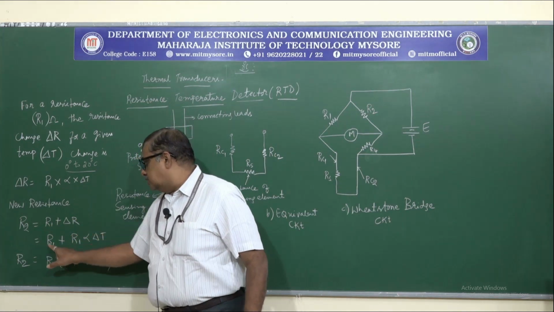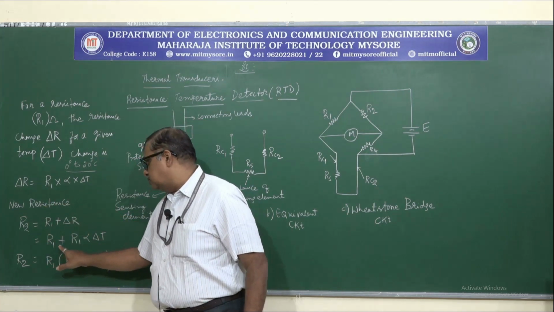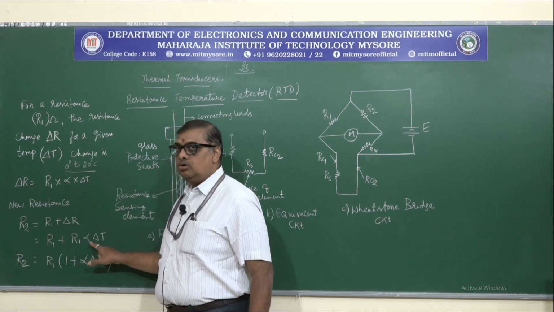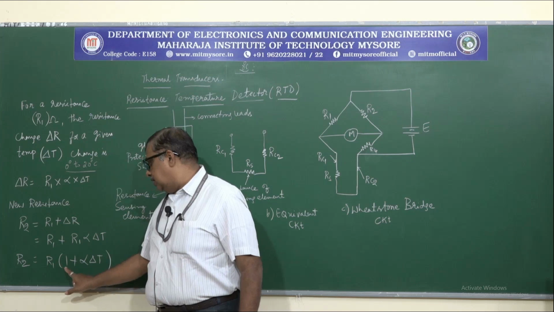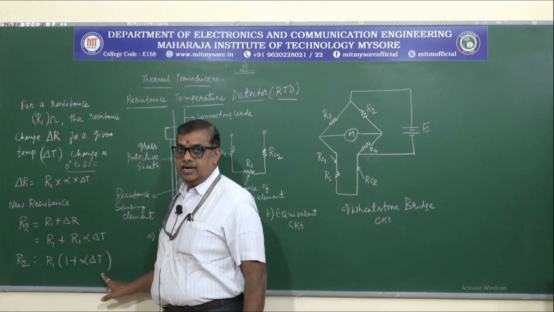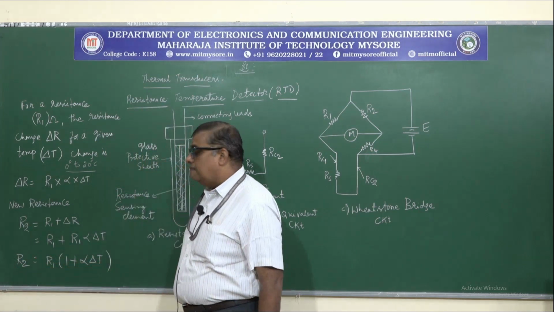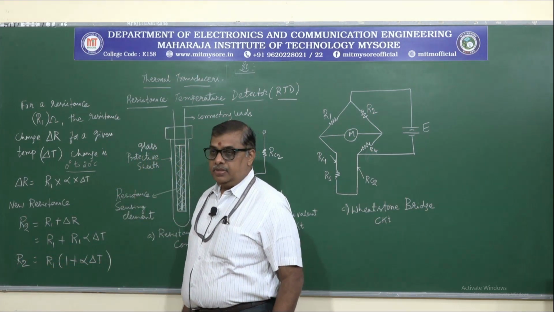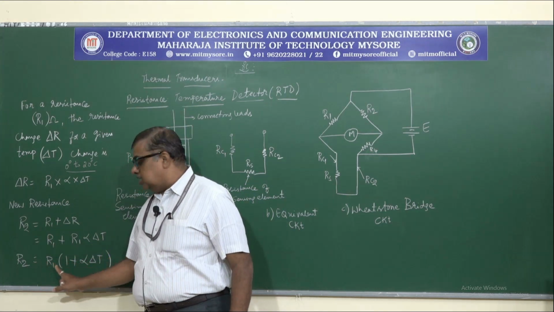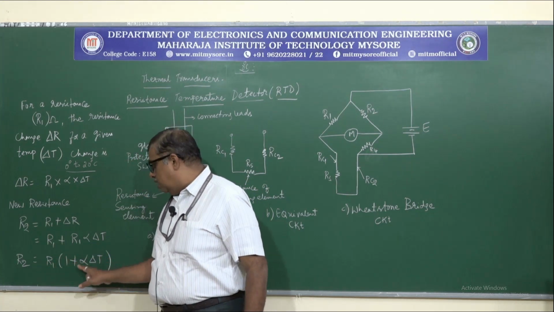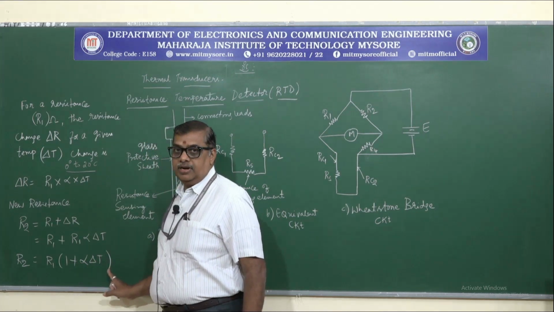Now I will substitute for delta R from this equation. Therefore, it becomes R1 plus R1 into alpha delta T. Taking R1 common, I get R1 into 1 plus alpha into delta T. This is the working principle of an RTD: the new resistance is given by the initial resistance into 1 plus the temperature coefficient times the change in temperature.